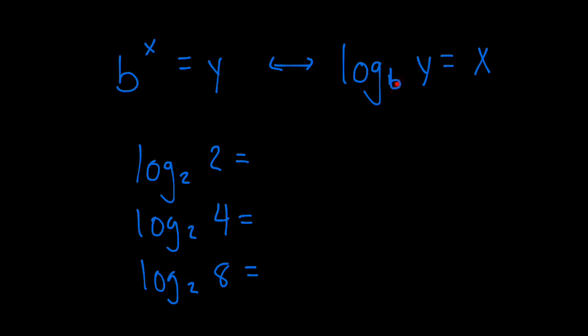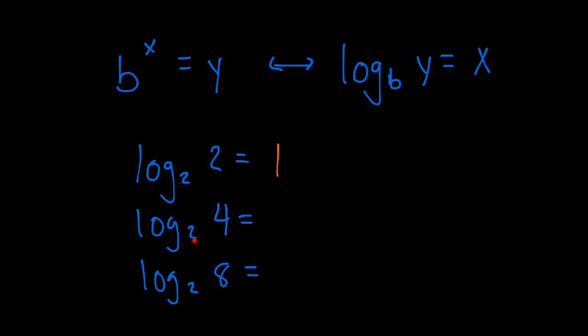Okay, so here's the base of our exponent. What power, what exponent gives us this value? So let's look at some really simple examples. Here we have log base 2 of 2. This operation is asking us, and is equivalent to, 2 to what power gives us 2? The first power, right?